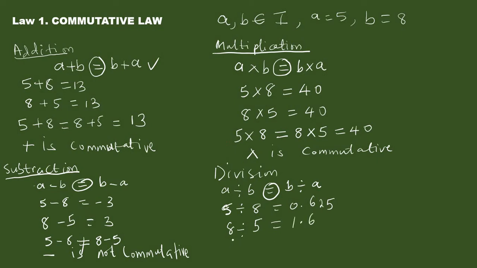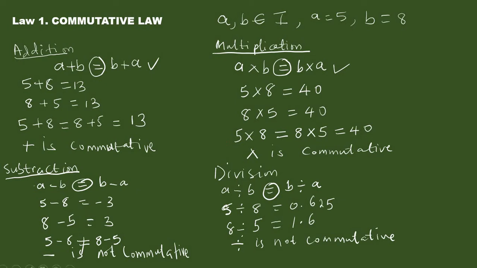So both are not the same. Hence, division is not commutative. Under commutativity, only addition and multiplication are commutative operations, while subtraction and division are not commutative operations.